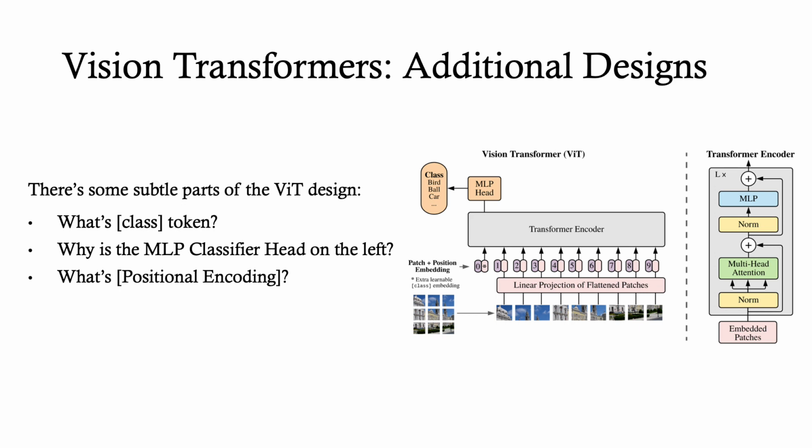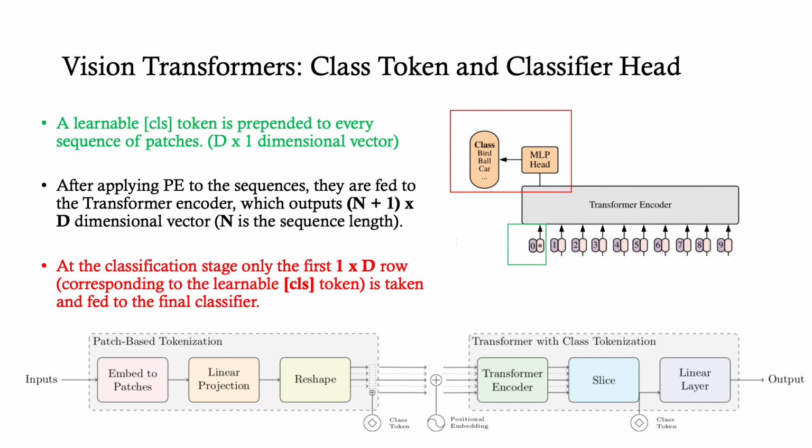Let us quickly examine these components. Let us first look into the class token and the classification head. There is a learnable classification token prepended to every sequence of patches, and it is a d by 1 dimensional vector, just like the rest of the patch embeddings.